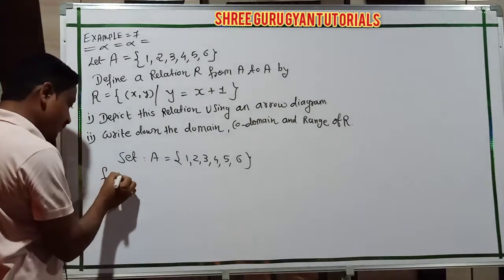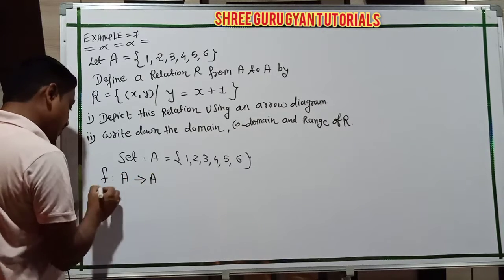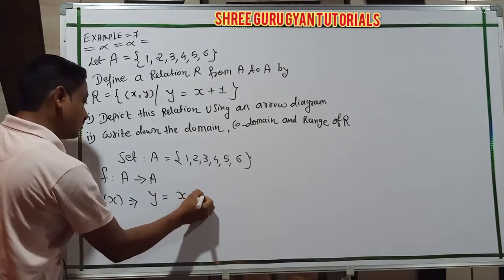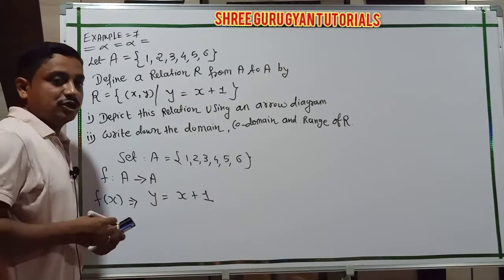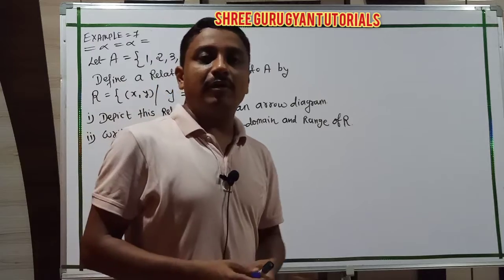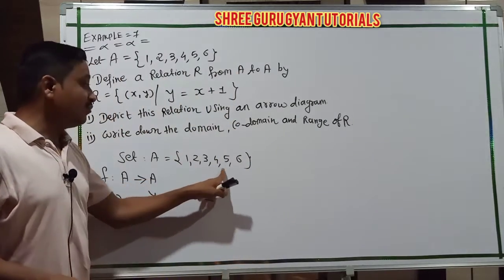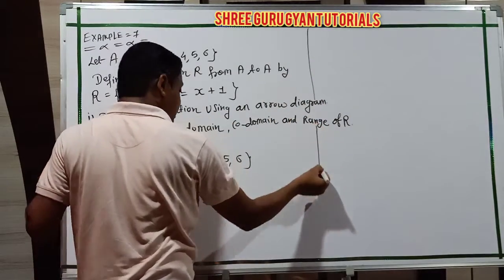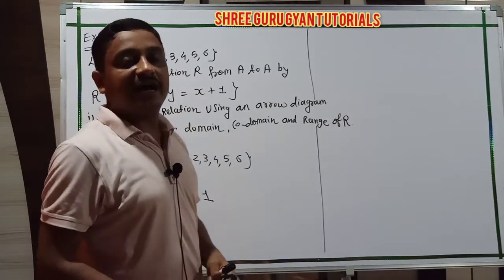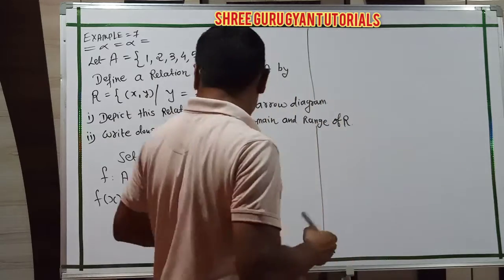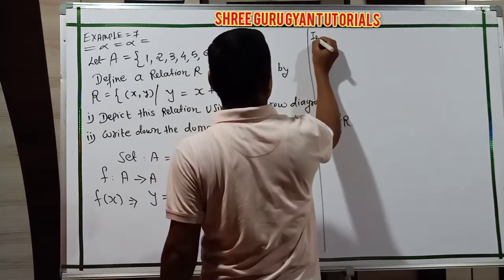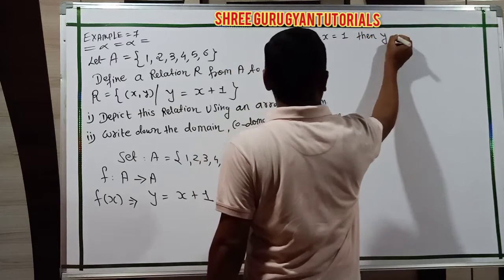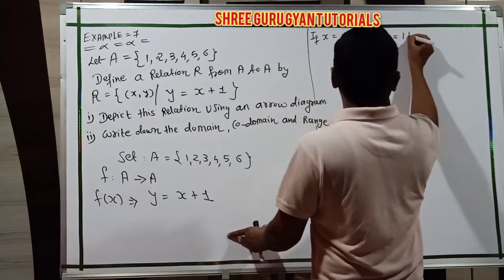And the function is given from A to A, and our f(x) is given as y is equal to x plus 1. So I slowly apply our values 1, 2, 3, 4, 5, 6 inside and find the value of y. After that I define our arrow diagram. So if x is 1, then y is equal to 1 plus 1.